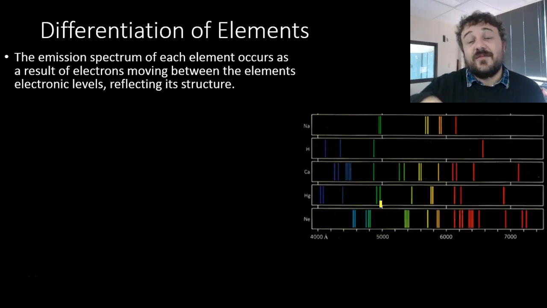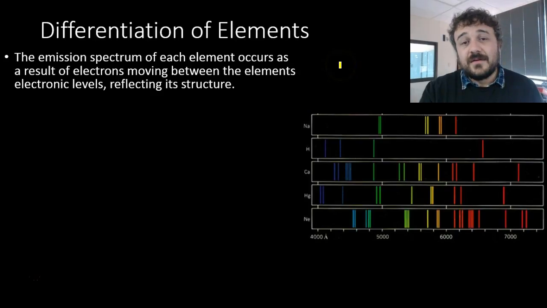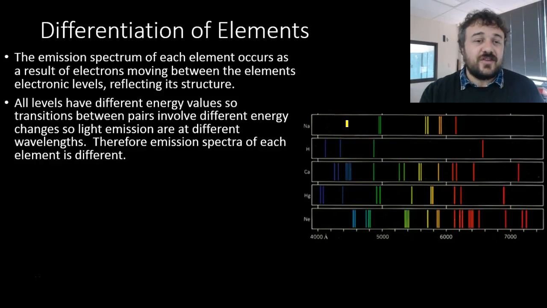So the emission spectrum of each element occurs as a result of electrons moving up and down, right, between different electronic levels. Now, what this means is as an electron goes up, it absorbs energy, and as it goes down, it releases a photon, releasing energy.